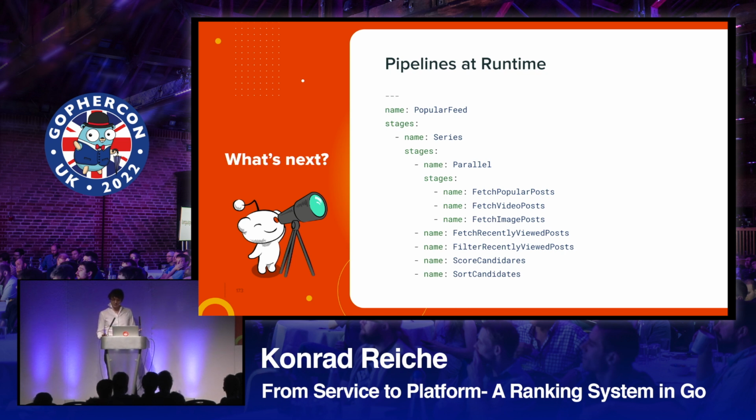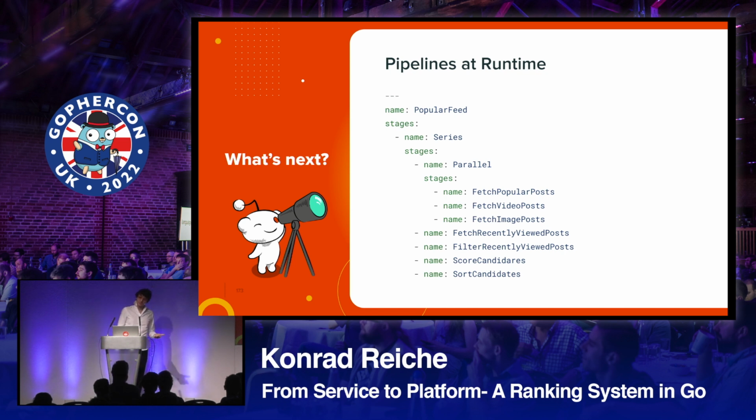That might sound crazy, but there's a good reason to do that, because it might make it easier for users of the platform to test new pipelines, new algorithms. So we want to focus on reducing the overall barrier of providing new functionality.